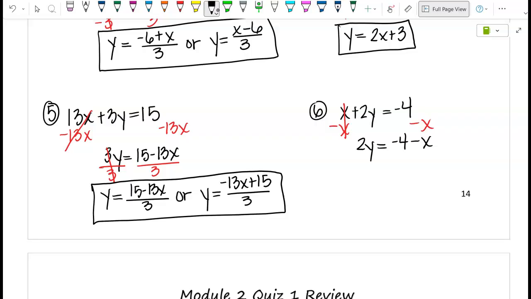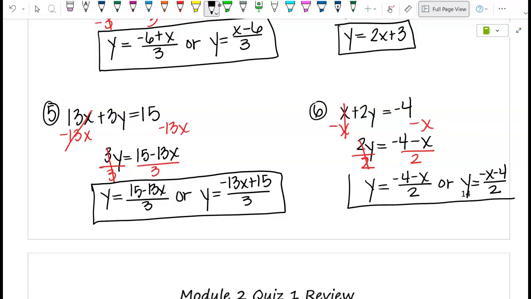Isaac Alcantara, what would be the next step? I'm not dividing by 2y. I don't want to move the y. I'm only dividing by 2. That y needs to stay there. So I get y equals negative 4 minus x divided by 2. Or again, y equals negative x minus 4 divided by 2.